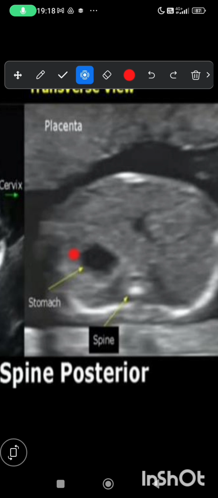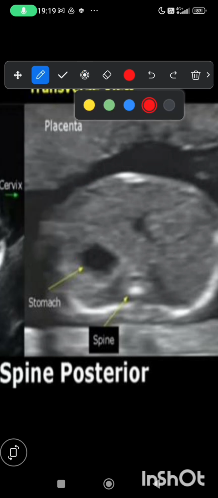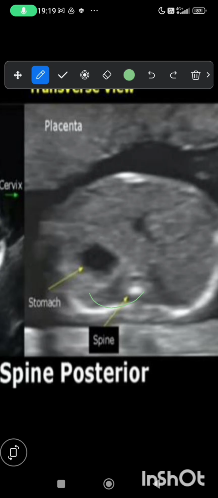Now, what we have to do to solve this type of question is always match the spine with the stomach, using the shortest possible route. So now we are going to match them from the spine to the stomach.